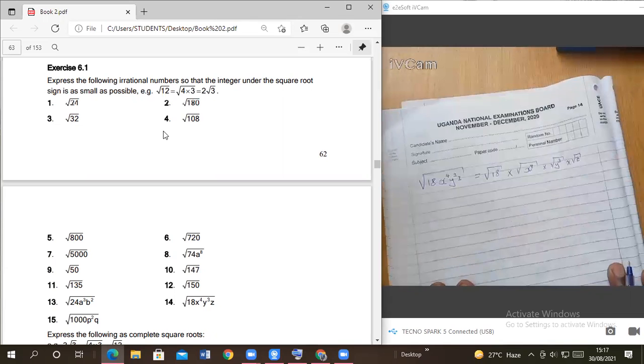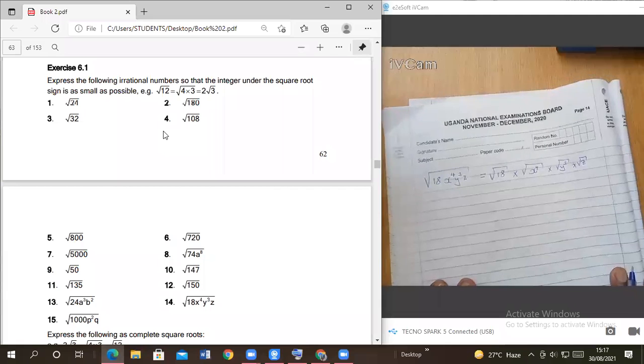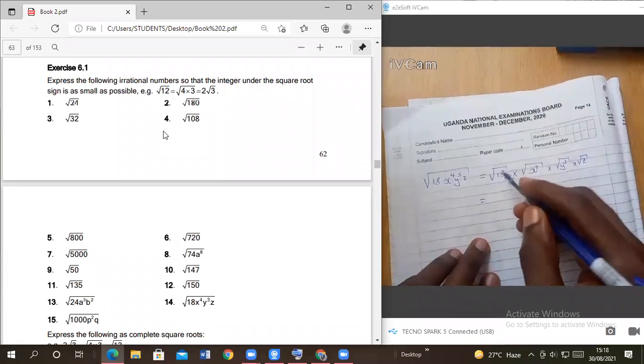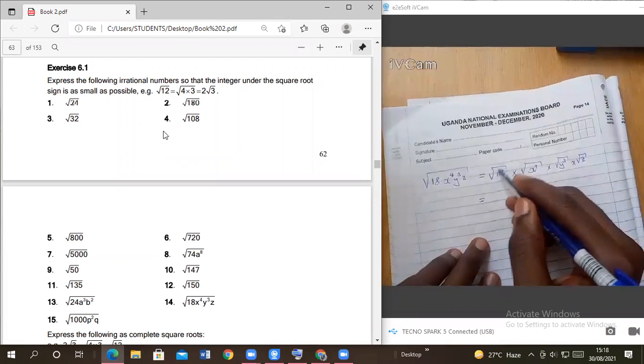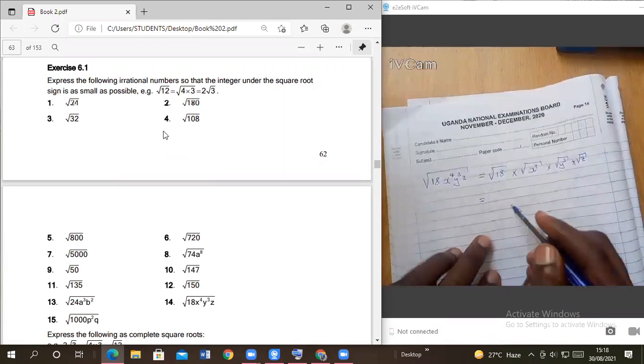Have you seen that? Yes, teacher. What is the simplified form of 18? 18 is the same as 9 times 2.